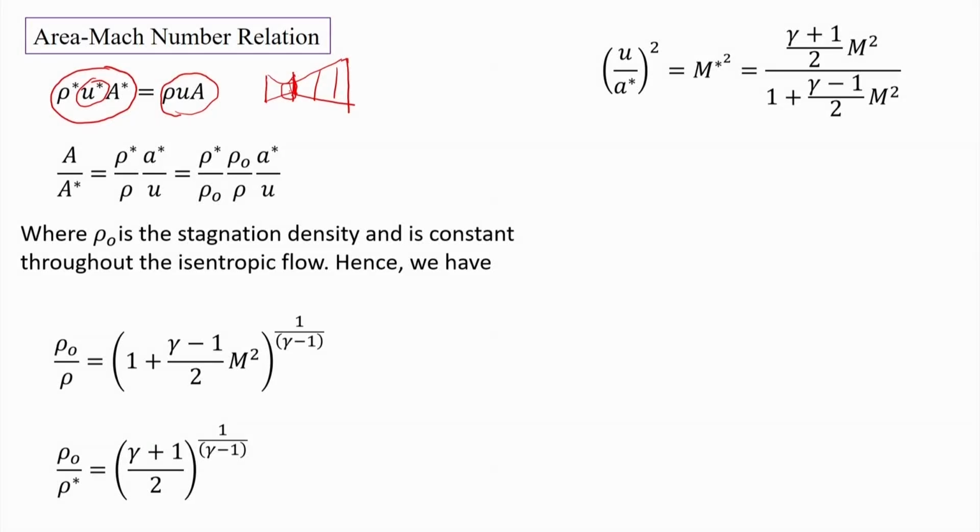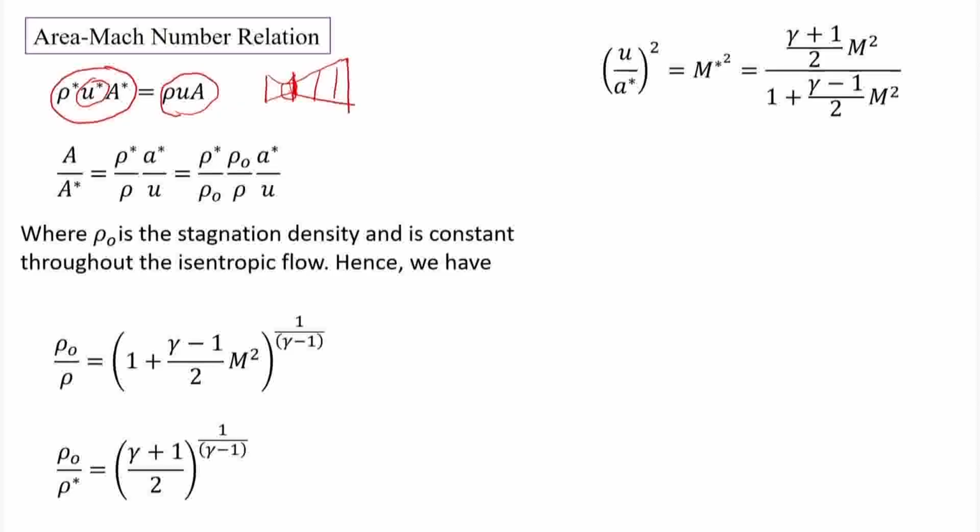Further, we will take one relation known from gas dynamics, that u upon a star, which is the velocity at any point divided by the velocity at the Mach 1 state, is called M star, and that M star is related with M. M is the Mach number, which is velocity divided by the local speed of sound a. Here a star is the speed of sound when Mach number is 1.